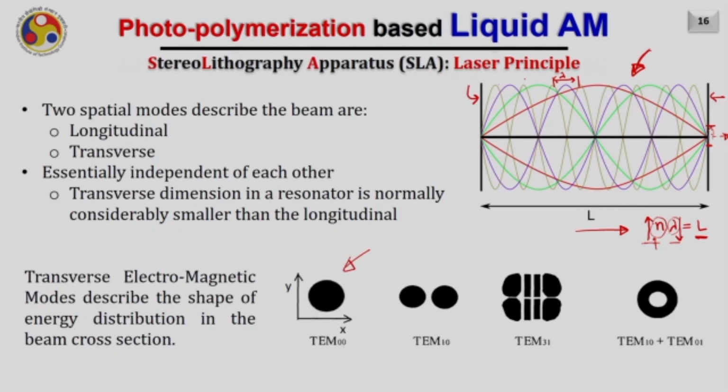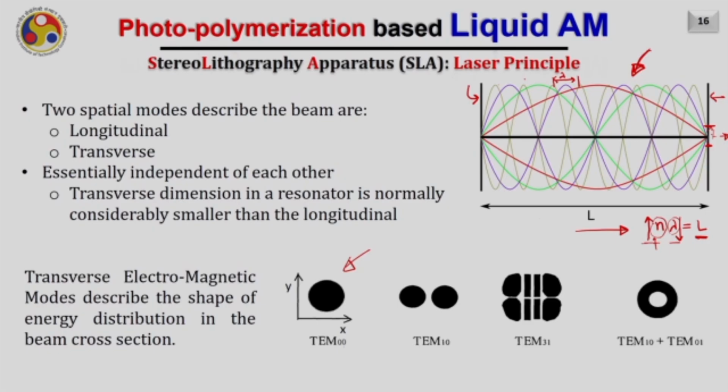The number of illuminated regions on the aperture, or on the cross section of the laser beam, is governed by this. The number of fully illuminated regions on the transverse beam usually defines its quality. It is also called the transverse electromagnetic modes.